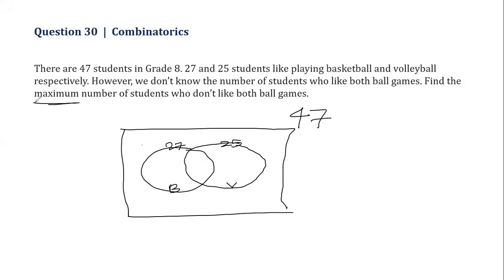If we want to maximize the number of students outside, we have to minimize the students in the intersection. So we're going to add 27 and 25 first. We get 52, which is already more than 47 students. So we're sure that there are students who like both basketball and volleyball. 52 minus 47 is 5.